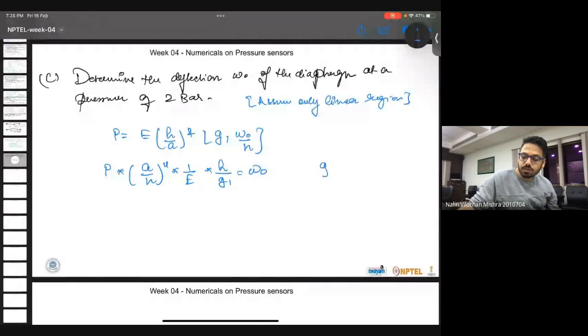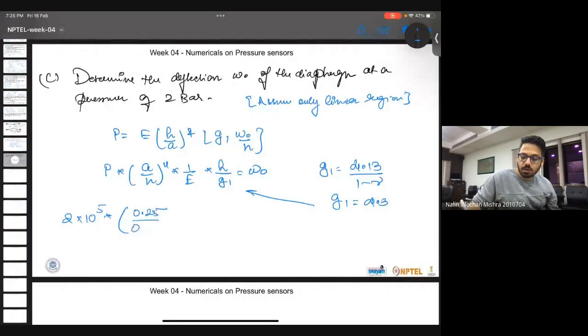The value of G1 can be calculated from this formula. So it is coming out to be 4.3. After putting all the values, the pressure is 2 bar. The value of A is 0.25 mm and the value of H is 0.05.